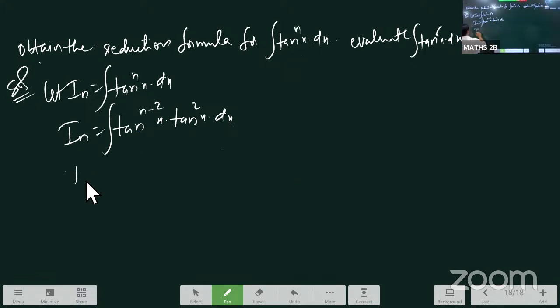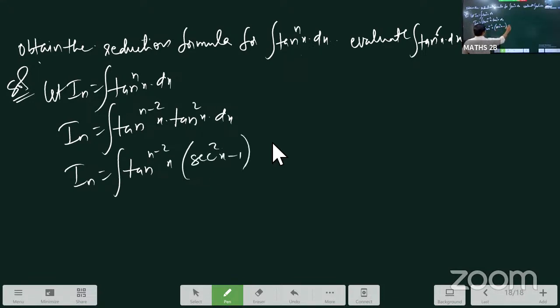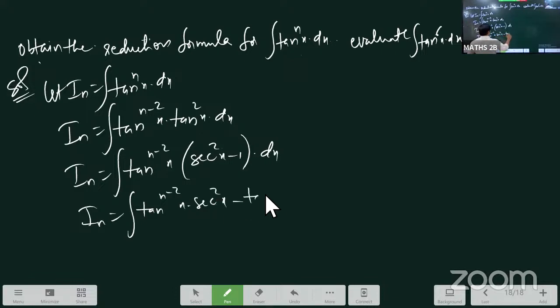Now this In is equal to integration of tan to the power n minus 2 x into tan square x, I will write it as secant square x minus 1 dx. In tan power n and cot power n, no integration by parts. Now In is equal to integration of tan to the power n minus 2 x into secant square x minus tan to the power n minus 2 x dx.